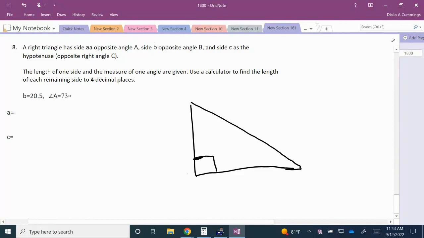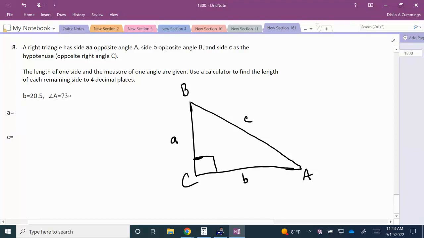All right, so we have angle C, which is the right angle, and the side opposite that is side length C. We have A as the angle, and the side that's opposite A is side A, and then we have angle B, and the side that's opposite angle B is side B, right?